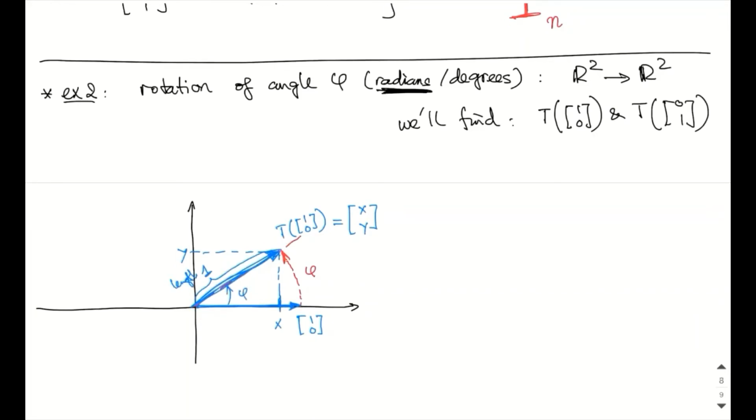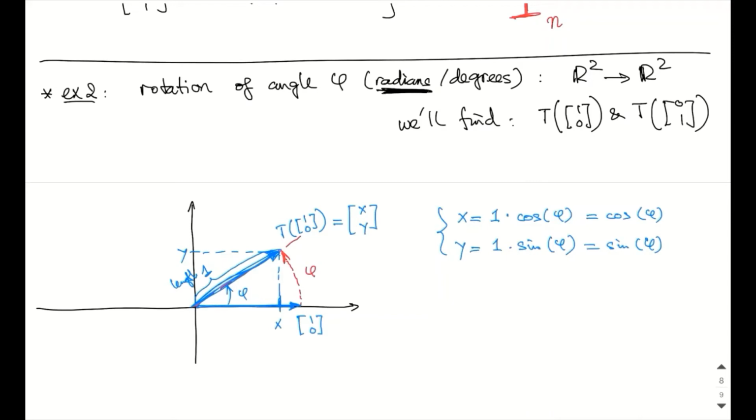The angle is phi. And we have learned from geometry, x is going to be the length times cosine of phi. And y is going to be the length times sine of phi. So that is going to be equal to cosine phi, and y is going to be sine phi. So we found the first column, right?